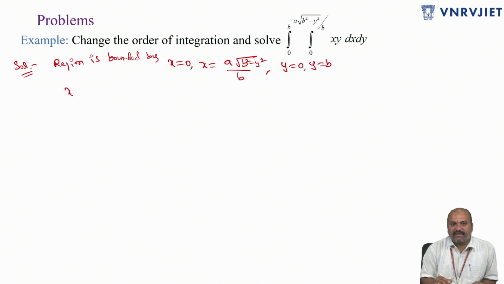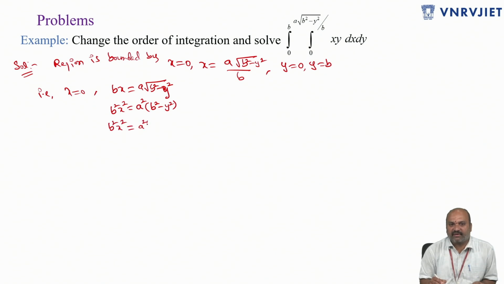So x equals 0. Let's simplify the other one. It is bx equals a into root over b square minus y square. Now squaring on both sides, b square x square equals a square into b square minus y square. So b square x square equals a square b square minus a square y square.